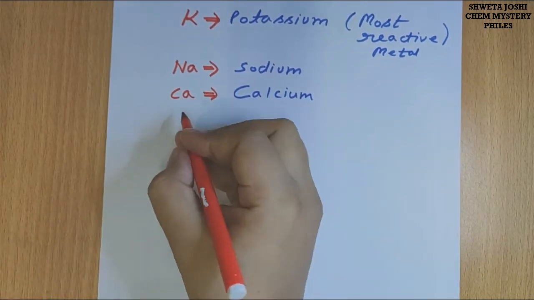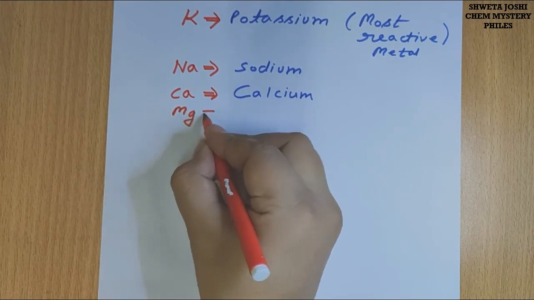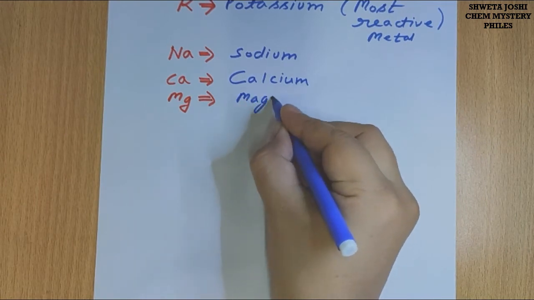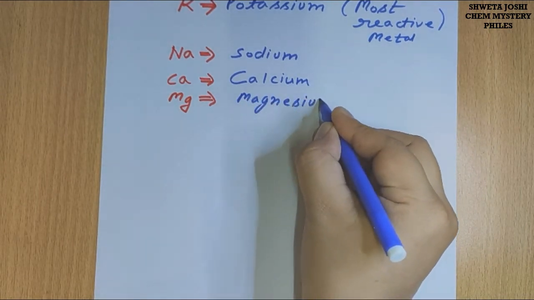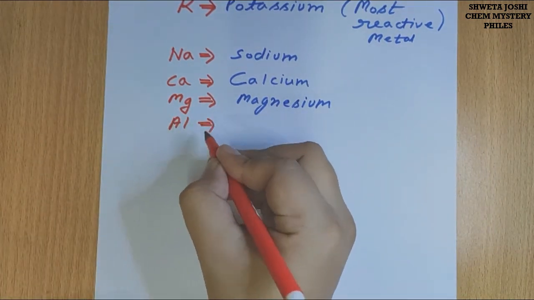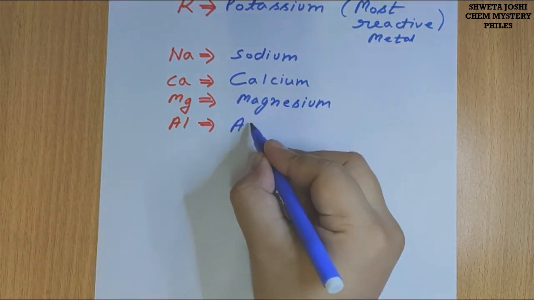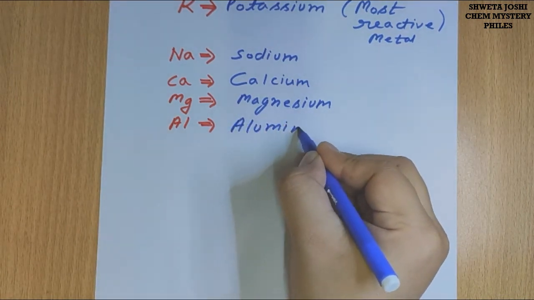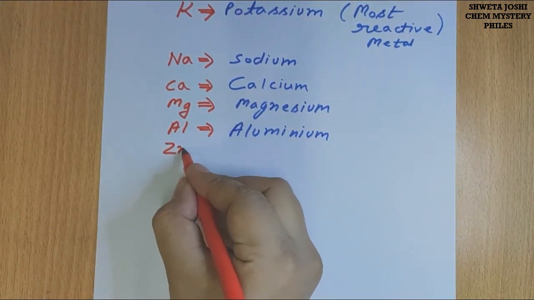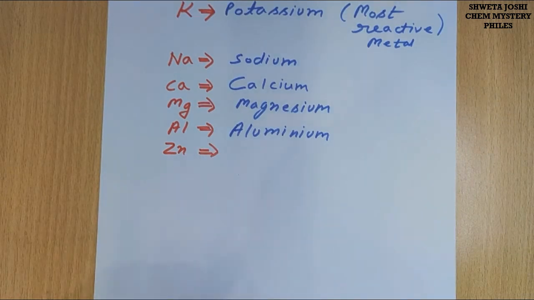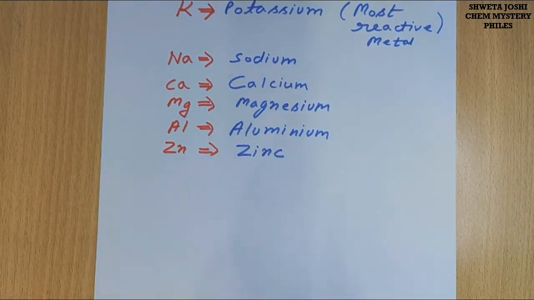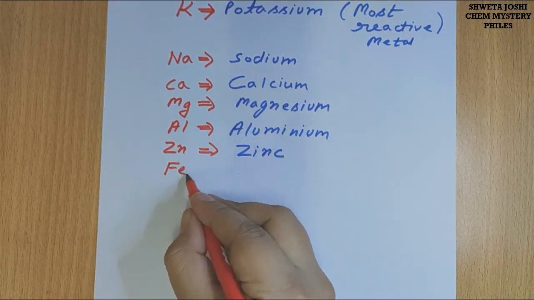After that, magnesium, symbol is Mg. After magnesium, aluminium, and its symbol is Al. After aluminium, there is zinc, and its symbol is Zn. After zinc, there is iron, its symbol Fe.